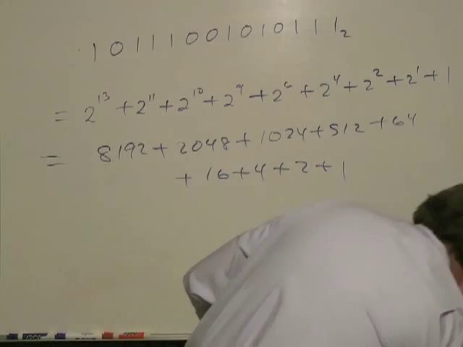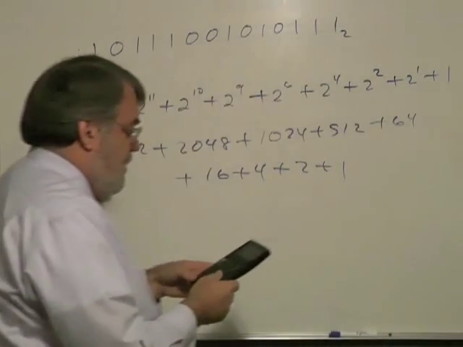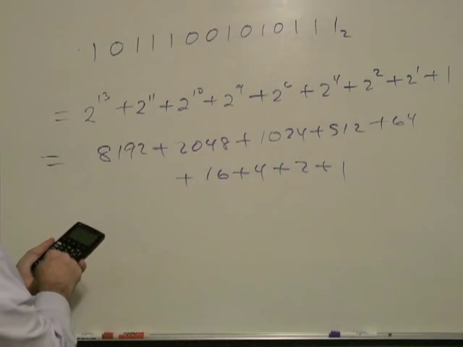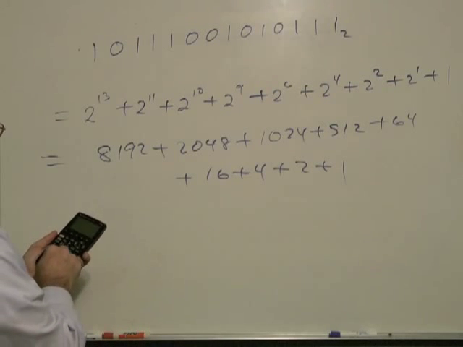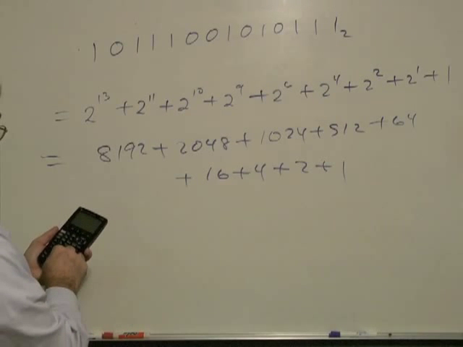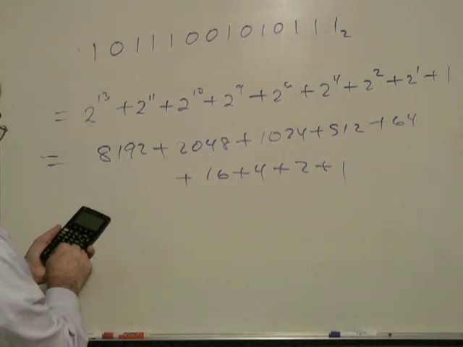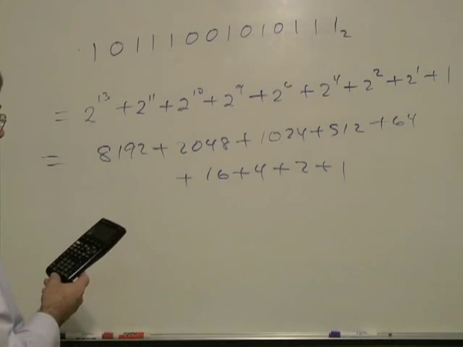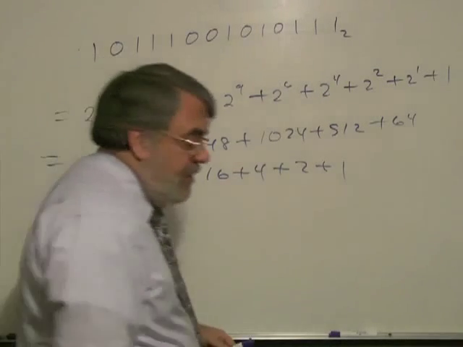Okay, all right. So let's see. 8192 plus 2048 plus 1024 plus 512 plus 64 plus 16 plus 4 plus 2 plus 1 is 11,863.